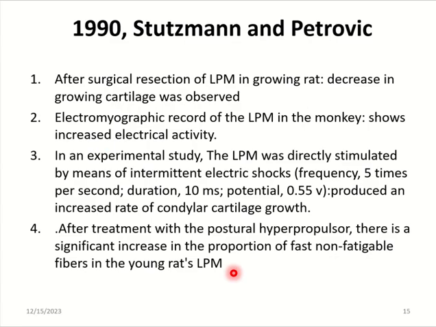We'll be explaining that further. In 1990, Stutzmann and Petrovic said that after the surgical resection of the lateral pterygoid muscle in a growing rat, there was a decrease in the growing cartilage that was observed. So, an electromyographic record of the lateral pterygoid muscle in monkeys has shown that there is an increased electrical activity, which says that there are certain changes going on at a cellular or ionic level.